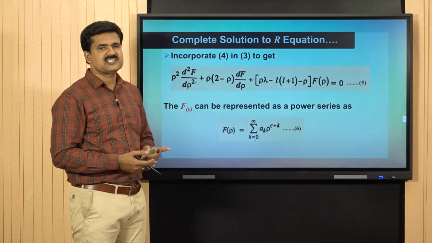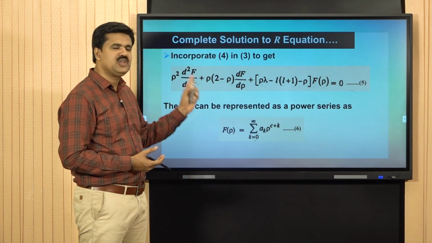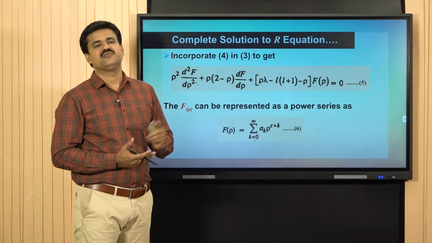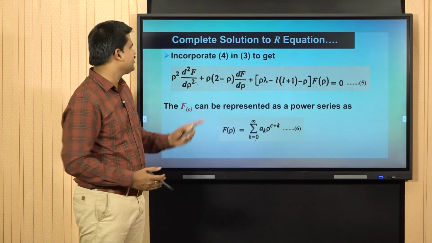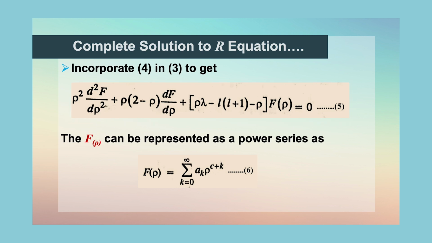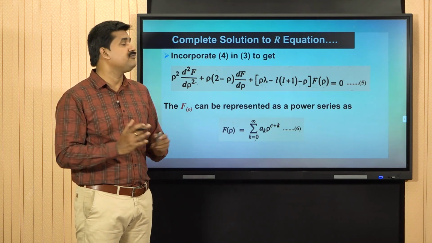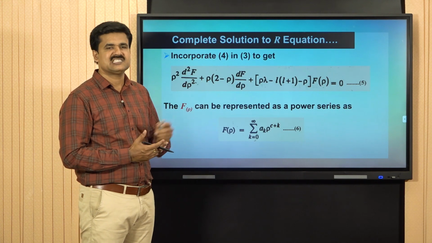Now, on incorporation of the value of R(rho) in the previous equation, we get a new form of the R equation. The new form is like this: rho² into d²f divided by d rho² plus rho into 2 minus rho into df by d rho plus rho lambda minus l(l+1) minus rho into f(rho) is equal to 0. So our R equation is now modified into equation 5 in this form.